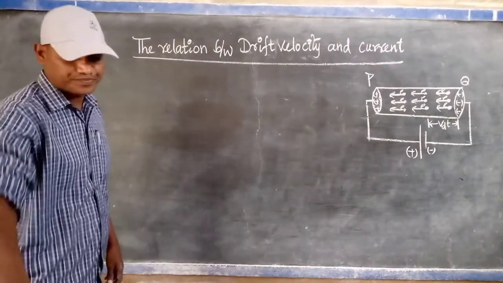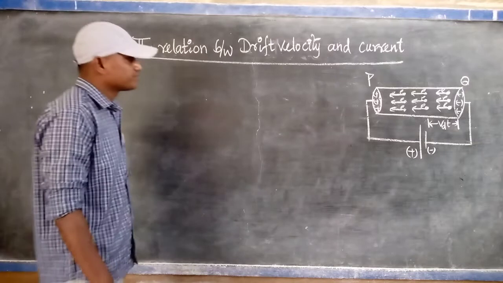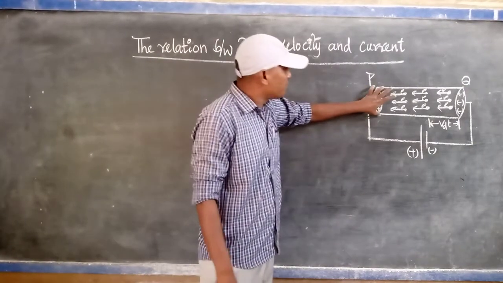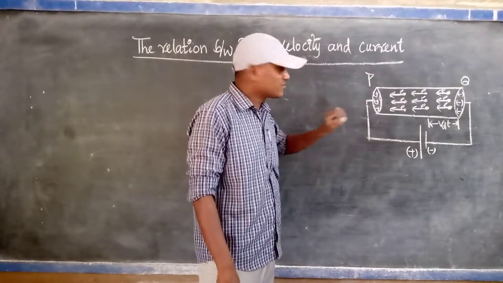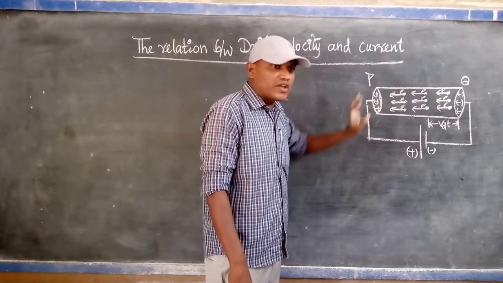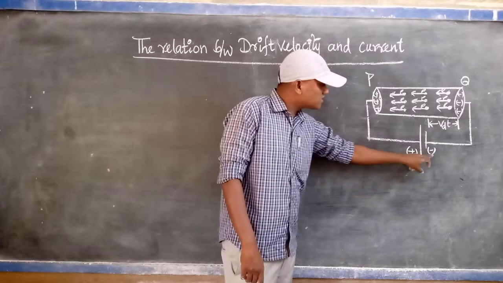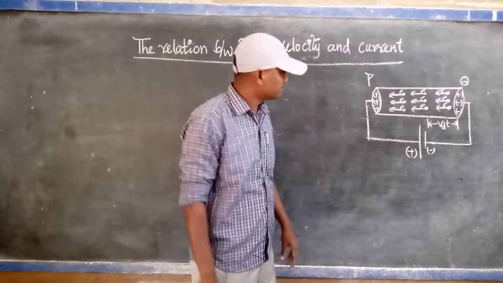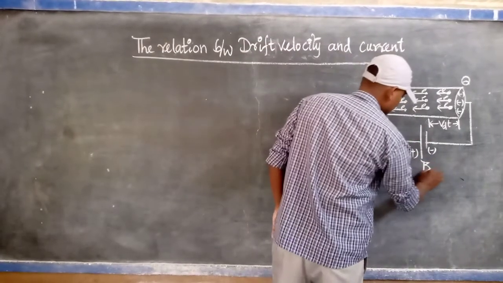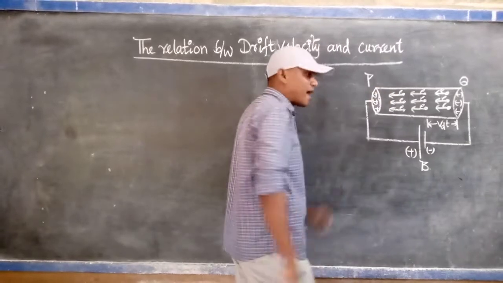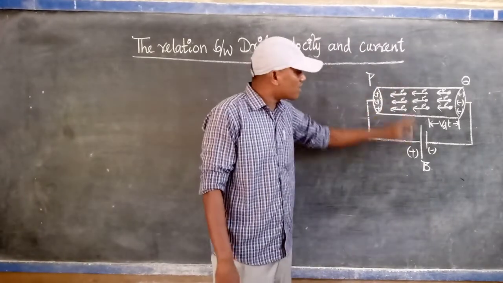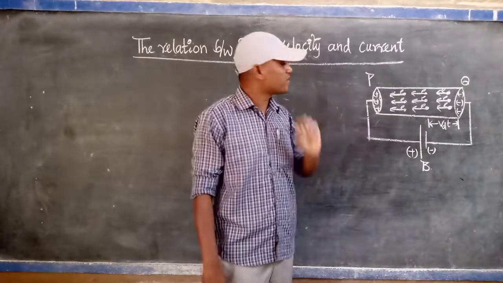So when we come to our topic, PQ is a conductor. The free ends of the conductor are connected to the opposite terminals of a battery. Then what will happen when the free ends are connected to the opposite terminals of a battery?